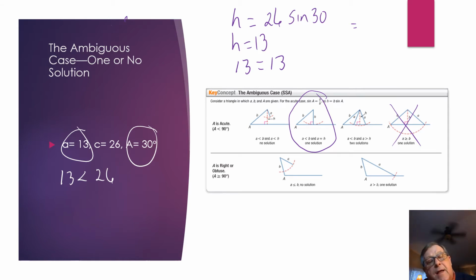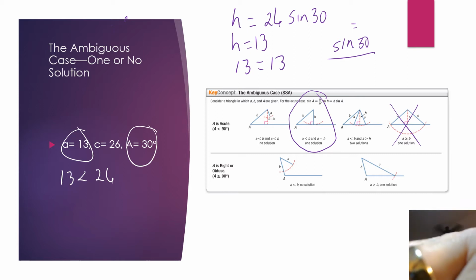All right, so let's just start dealing with what we know then. Let's say then that we're going to use the law of sines. We'll move it up here. So we then can say that the sine of 30 over 13 is equal to the sine, we don't know which one it is.